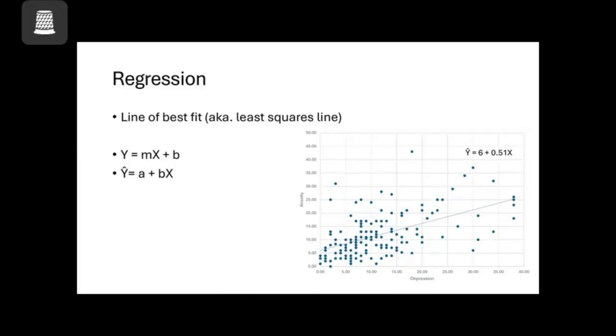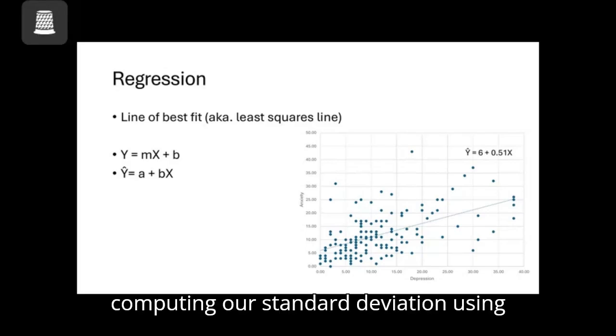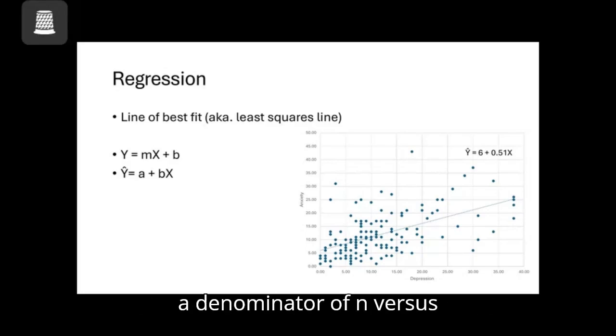This is like computing our standard deviation using a denominator of n, versus regression allows us to predict, to estimate. This is like our standard deviation, our S hat, where we are predicting the population standard deviation based on our sample's data.